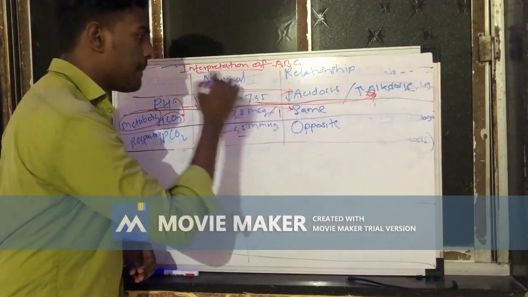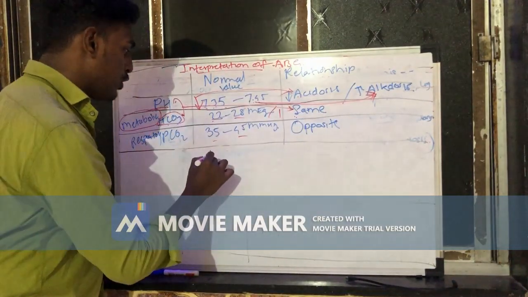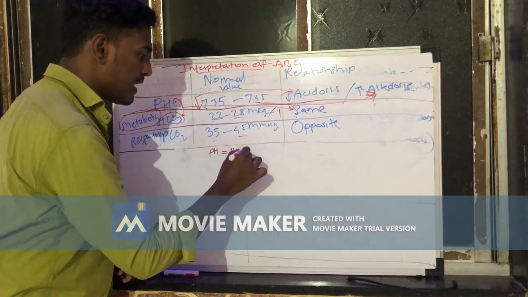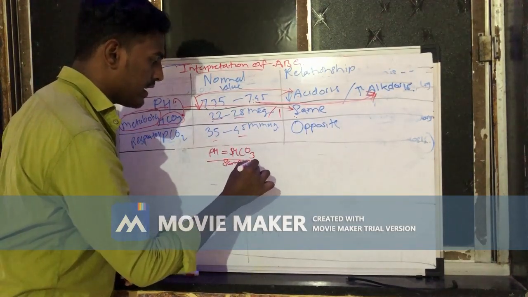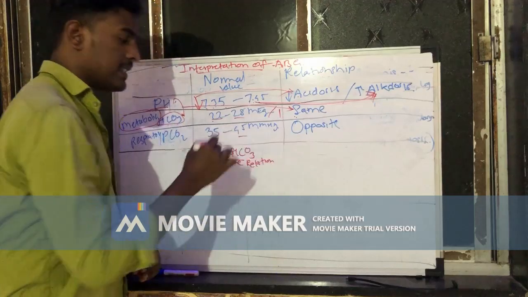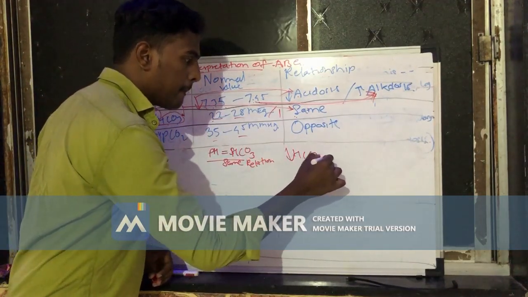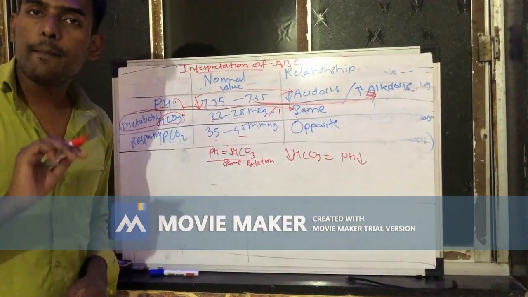It is the same relation. That is very important. When we talk about pH and SCO3, they always have the same relation. What does it mean? If SCO3 is going to decrease, pH is going to decrease. That is the meaning of same relation.